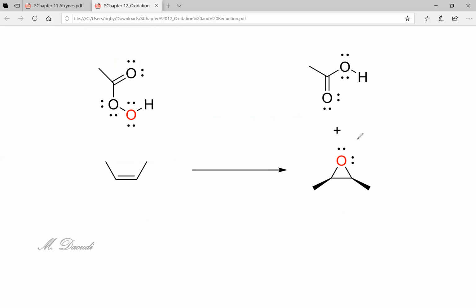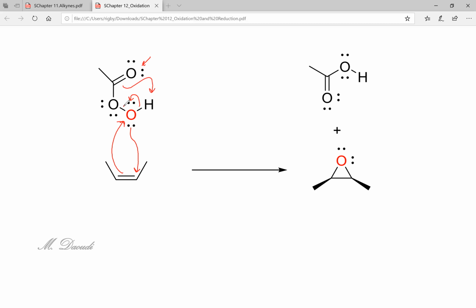And so let's talk about that mechanism very quickly. What occurs is something very similar to when we make the bridged halonium ion. The double bond grabs onto whatever we're trying to grab onto, in this case, the oxygen. A lone pair of the oxygen grabs onto the other carbon here, but we have to figure out what happens to the rest of these bonds. So essentially this hydrogen-oxygen bond is going to break, go onto the oxygen, and then it's going to be grabbed by this oxygen right here using one of its double bonds.